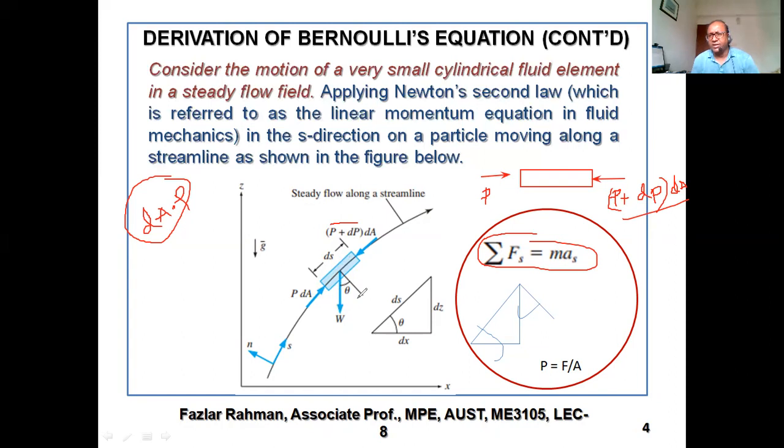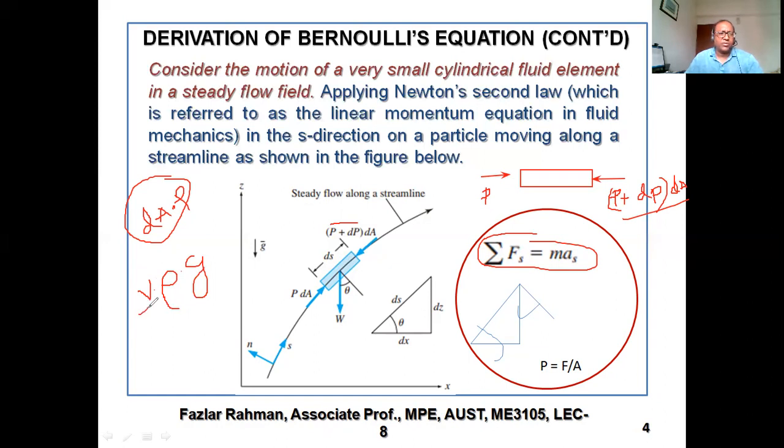Now, you have to think about how many forces are working there. Two are the pressure forces, and also there is the weight of the fluid. It works vertically. So the weight of the fluid is W. How do we figure out the weight of the fluid? If you know the volume of the fluid, multiply by rho, that gives you the mass. Multiply by g, you get the weight of the fluid.